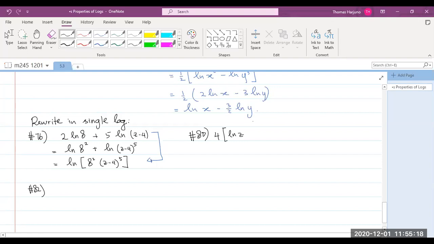This is 4 times the bracket ln c plus natural log of c plus 5 minus 2 natural log of c minus 5. Okay, condense that into a single log. Number 82: 2 times the bracket 3 natural log of x minus natural log of x plus 1 minus natural log of x minus 1.